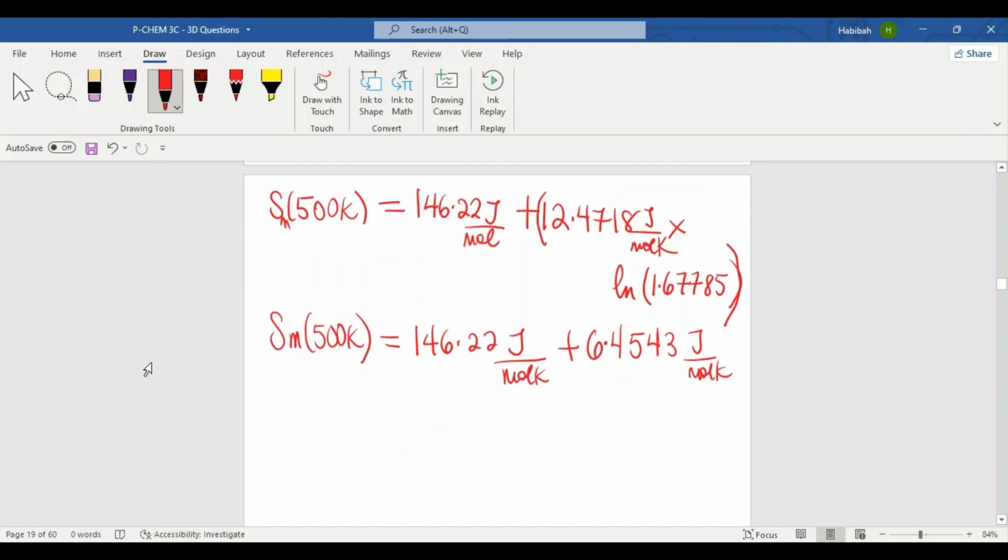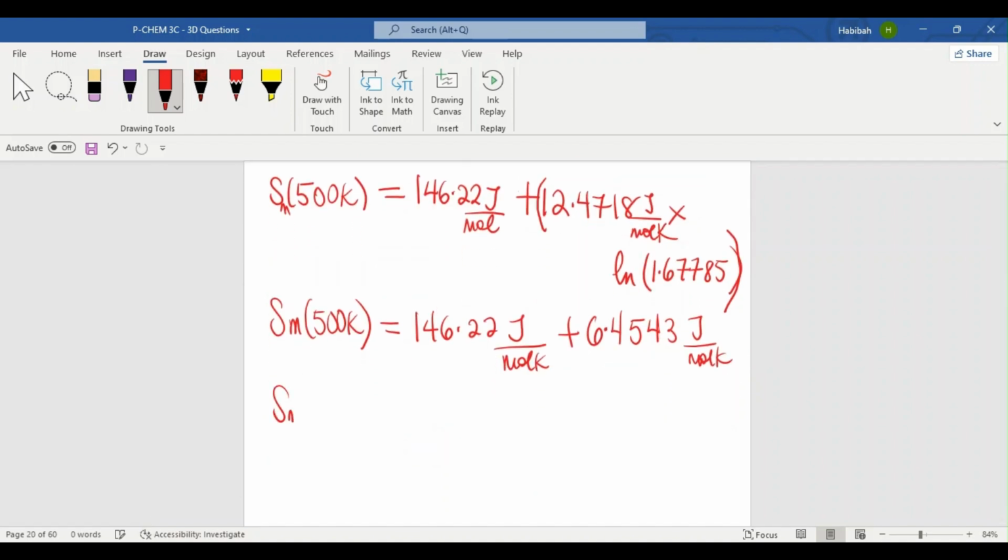So when you add them up, the molar entropy at 500 Kelvin, you get 146.22 plus 6.4543, and you end up with 152.6743 joule per mole Kelvin.